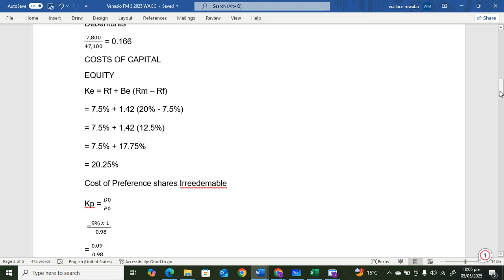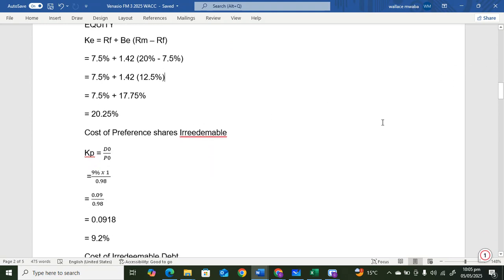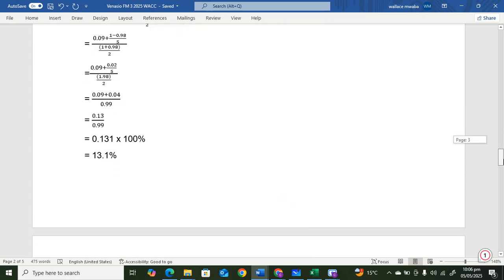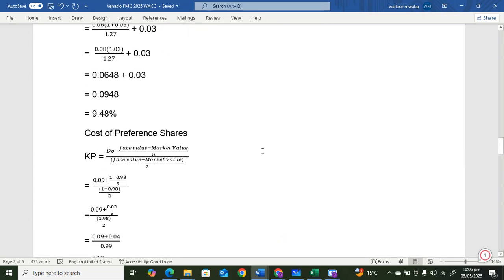For preference shares, remember when they're irredeemable, we use this simple formula. Now here, they're redeemable in 5 years' time, so we are using this formula.